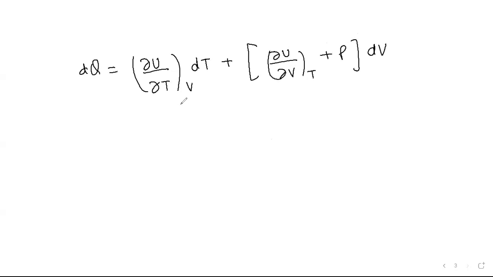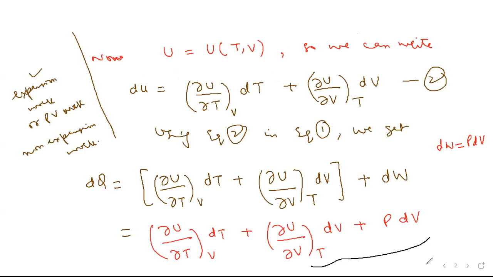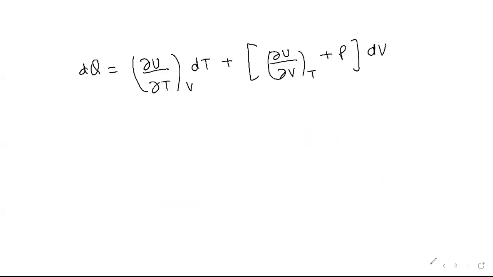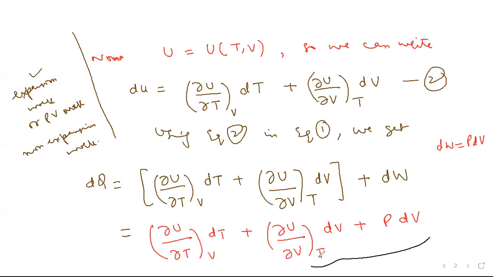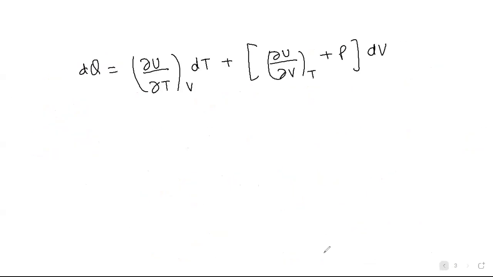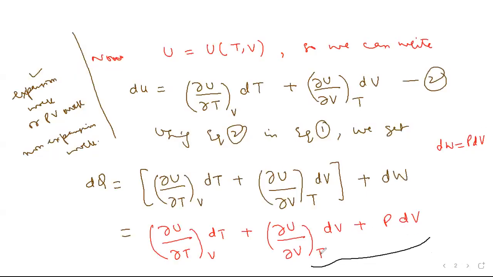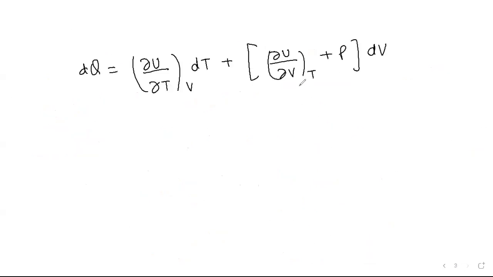So the first term is dou U by dou T at constant V dT. Then we have dou U by dou V at constant T times dV. Then we have PdV. So we have extracted dV out from these two terms, and inside the bracket we have dou U by dou V at constant T plus P, right?